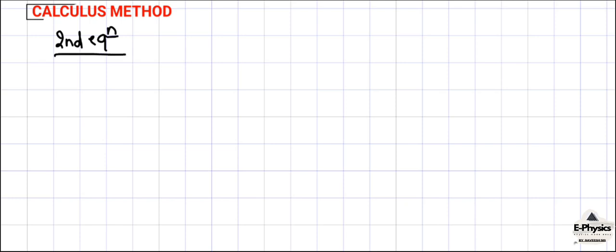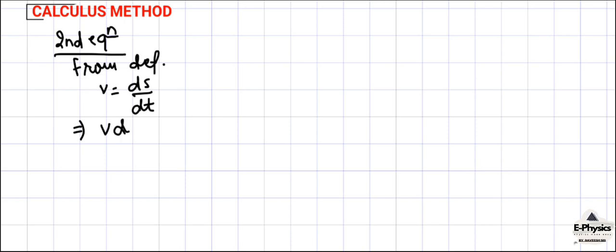Now students, again we know from the definition of velocity that velocity is equal to change in position with respect to time, or rate of change of position. Which can also be written as v dt is equal to ds.